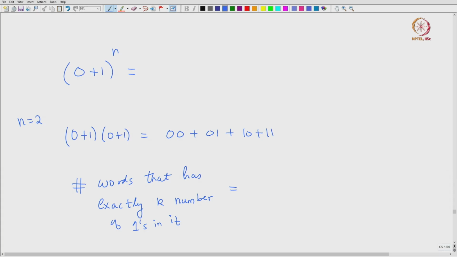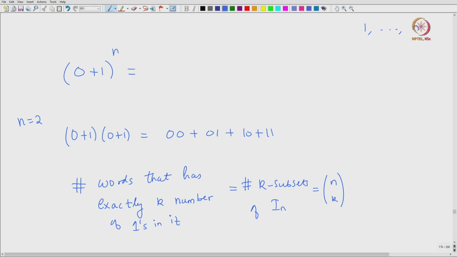Because we have already labeled the elements 1 to n, an n-word over 0, 1 is going to choose a subset from 1 to n. So, the number of words that have exactly k ones in it is the number of k-subsets of this I_n, which is exactly given by n choose k.